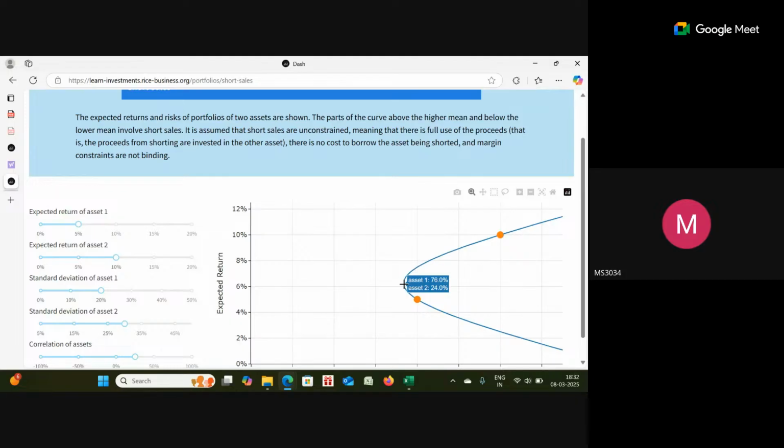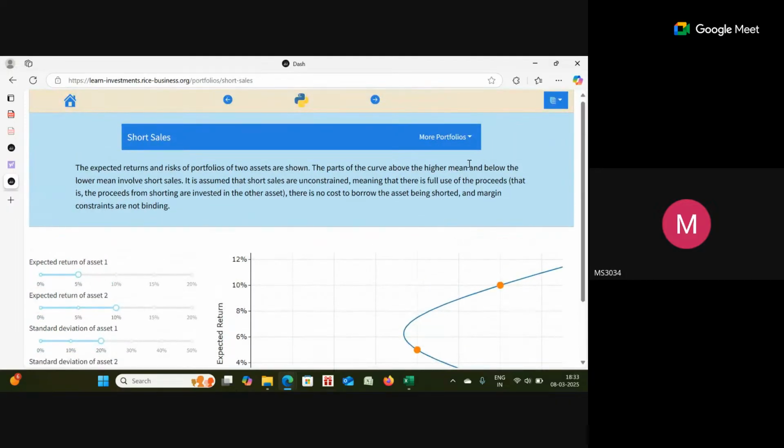I want to find out which portfolio, which combination of asset 1 and asset 2, I would prefer according to my preferences. So let's do that exercise.